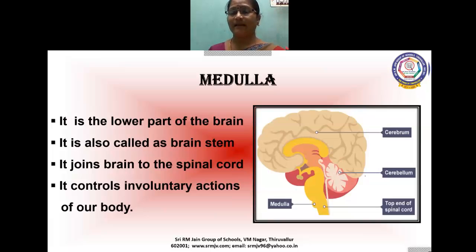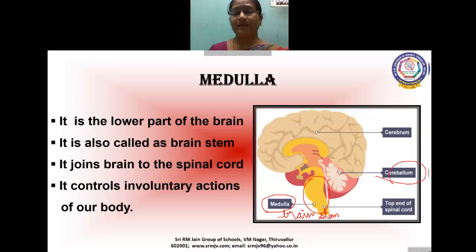Beneath the cerebellum lies the bulb-shaped medulla, also called the brain stem.